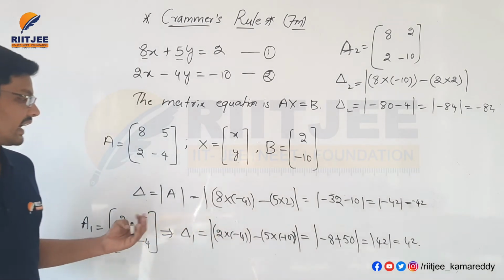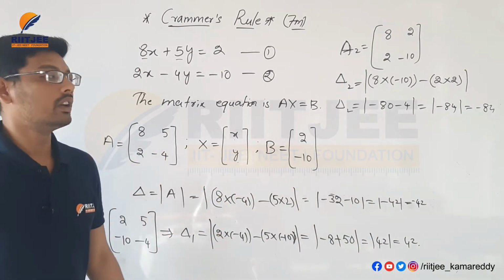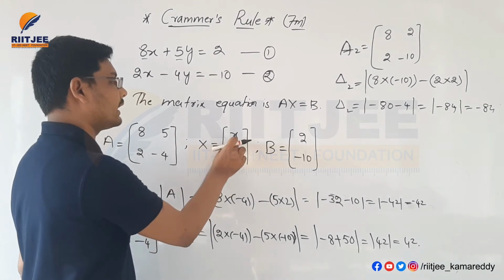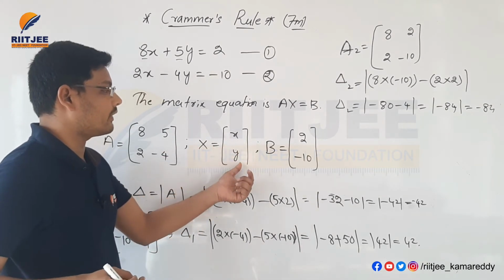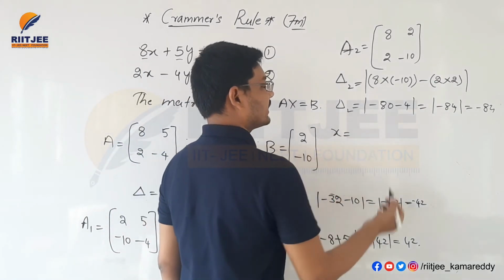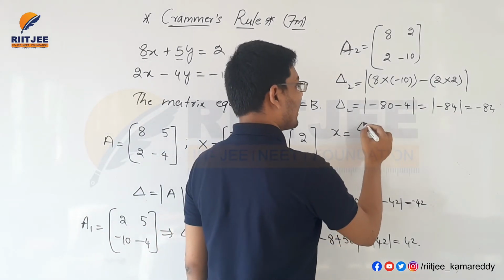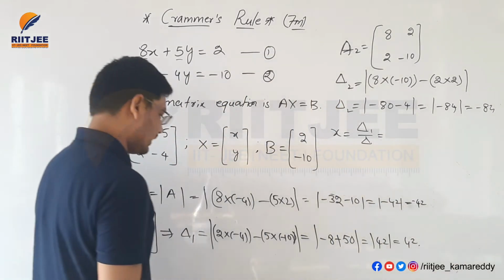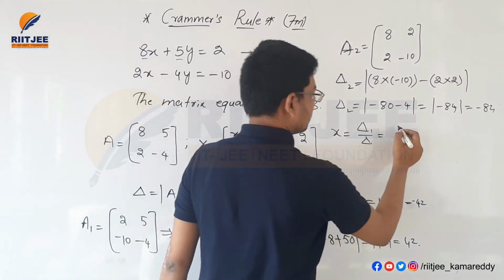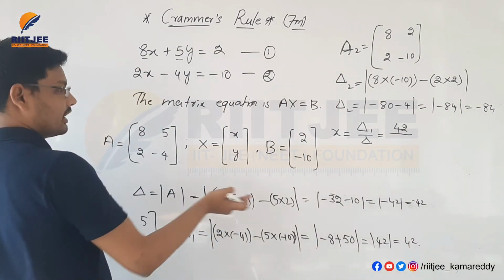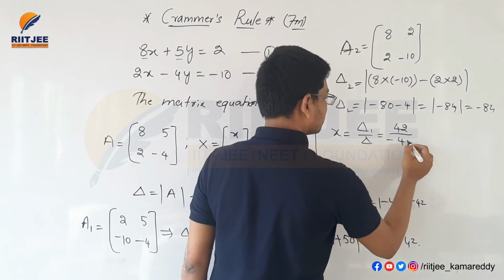After getting the delta, delta 1 and delta 2 values, we need to find the values of the variables x and y. For x, the formula is delta 1 by delta. For delta 1 we got 42, and delta is minus 42.